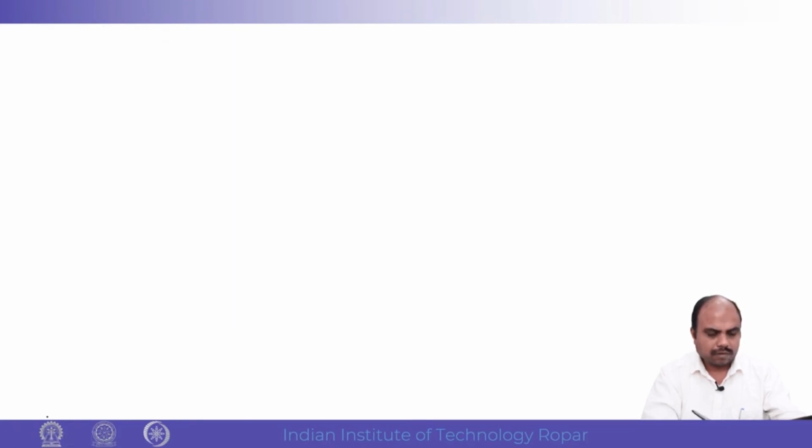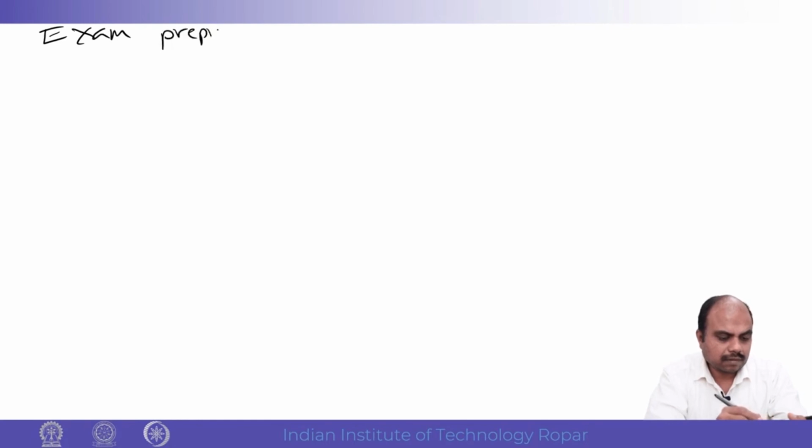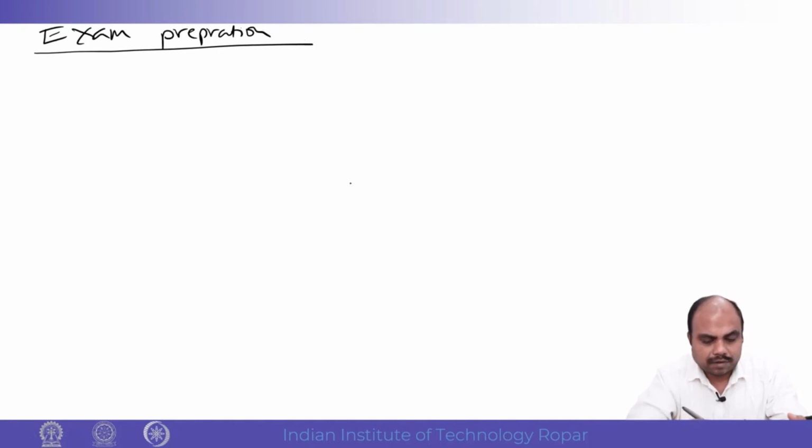So let us take an example. A student wants to prepare for an examination. So what are the things required for the examination? A simple example: exam preparation. So the main intention is exam preparation.